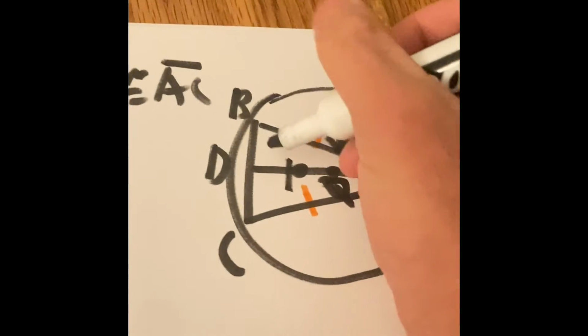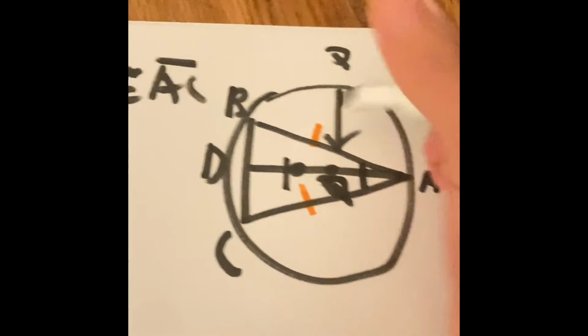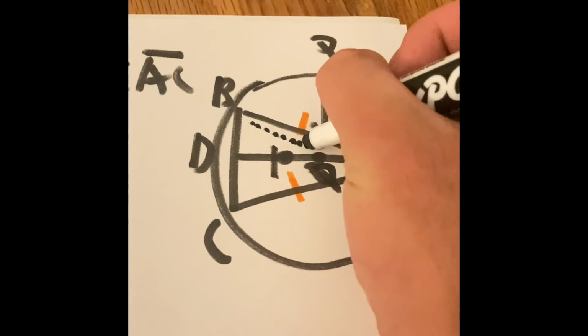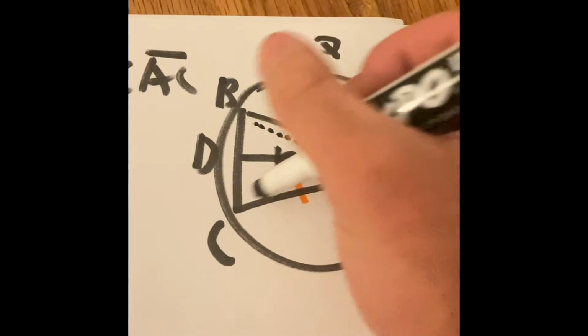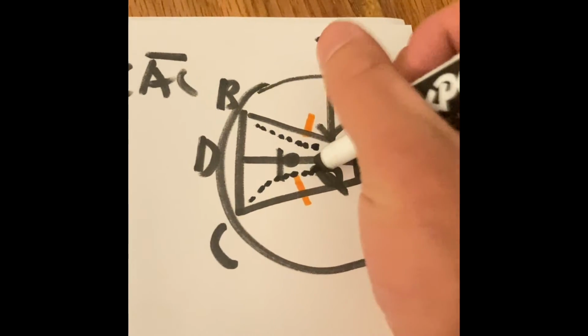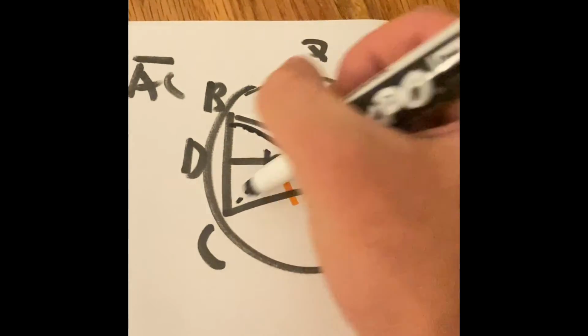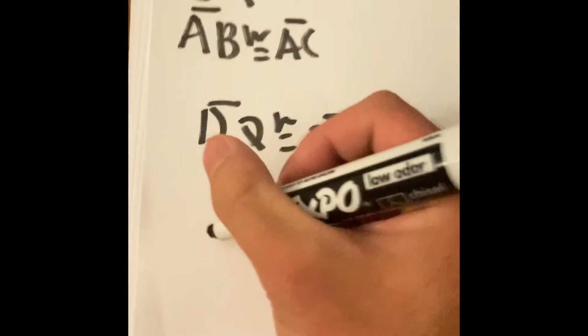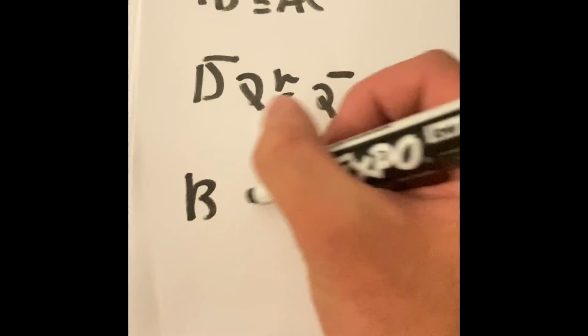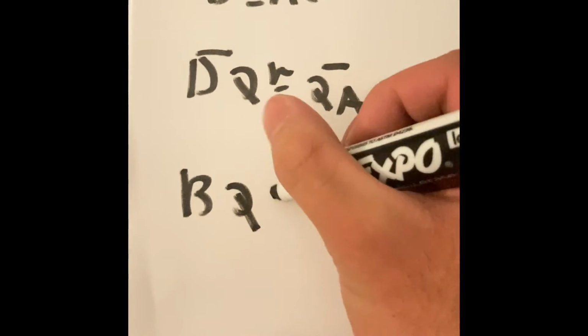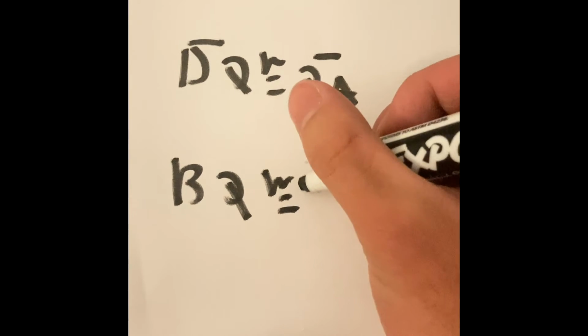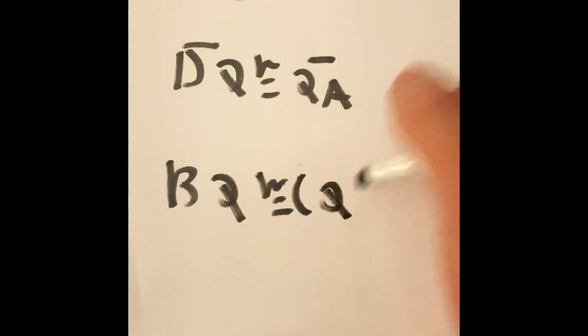Therefore, we can say that an imaginary line from B can be touching Q. An imaginary line from C can be touching Q. And we can also draw those lines as well. So now we could say that BQ is going to be congruent to CQ.